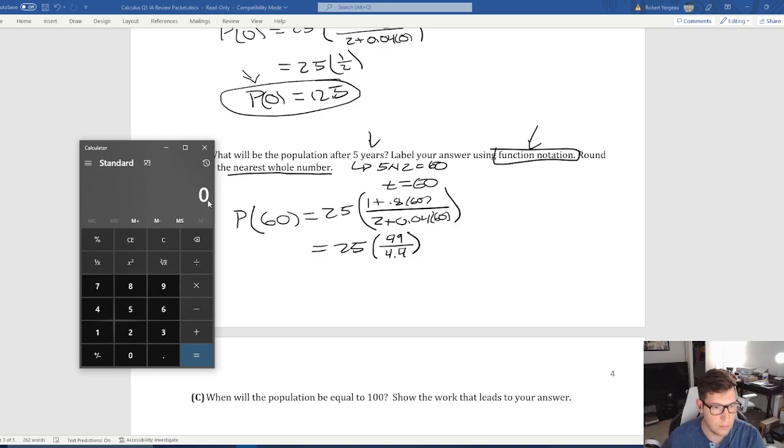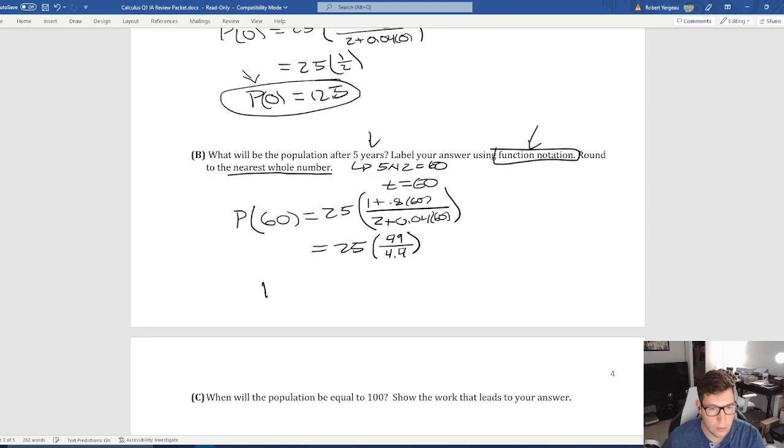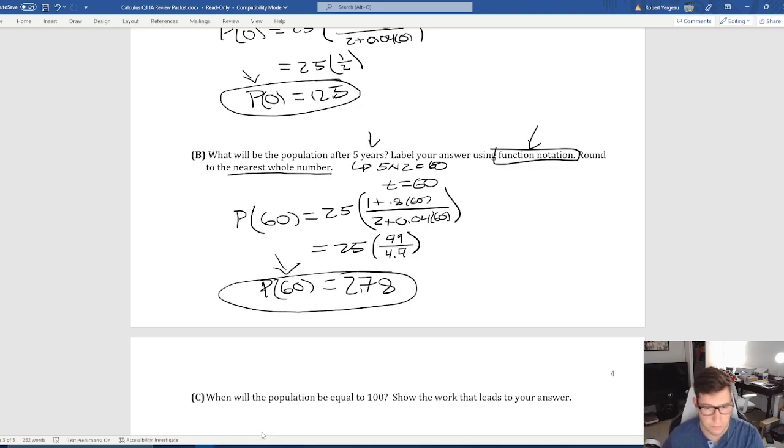We have 25 times 49 for 1,225. We're going to divide that by 4.4 to learn that our population is going to be 278.4, but we need to round to the nearest whole number here. So we're going to have that P of 60 is going to be equal to 278. Again, making sure we are using this function notation.